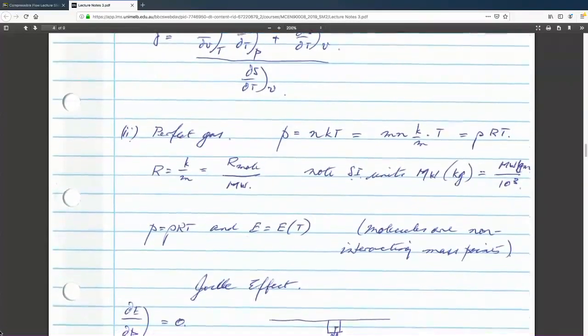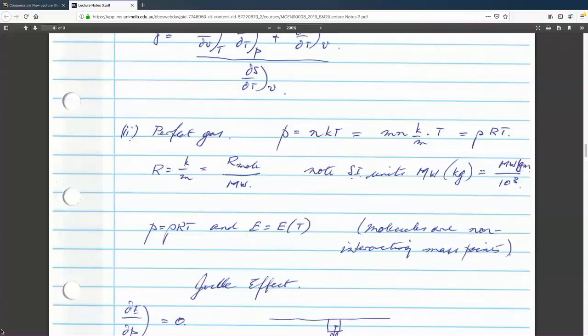So now, a perfect gas is one for which P is rho RT, or P is NkT, choose whichever. But also a perfect gas is one for which the internal energy is only a function of temperature.